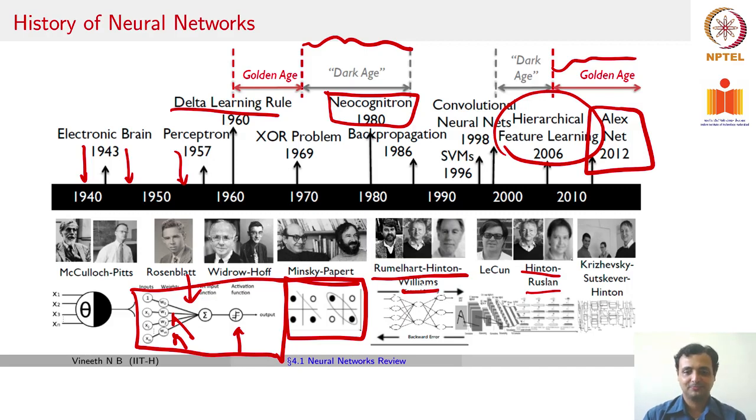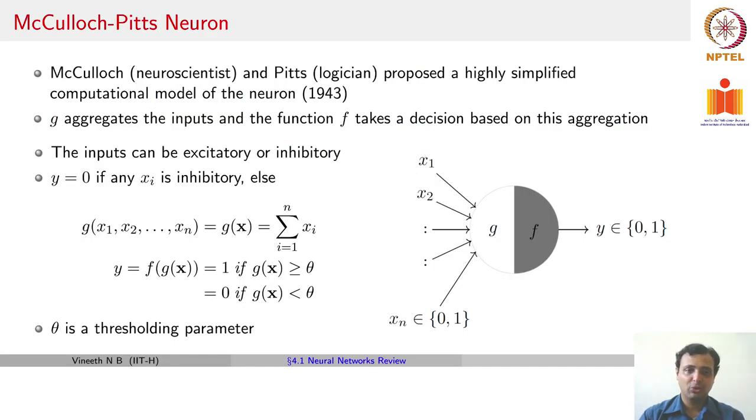Starting with the McCulloch-Pitts neuron. McCulloch was a neuroscientist and Pitts was a logician, and they proposed a simple computational model of the neuron in 1943. The way this model worked was, you have a function g, which aggregates a bunch of inputs, which were all binary inputs at that time, and a function f that took a decision based on the aggregation.